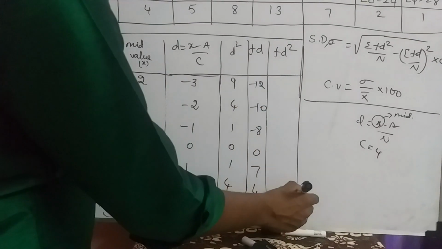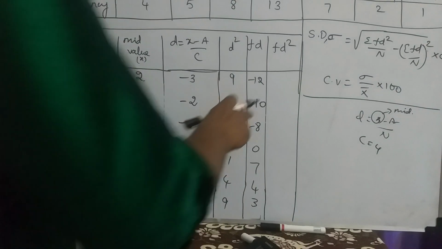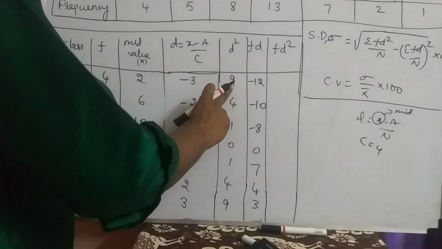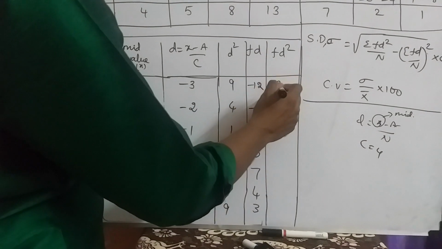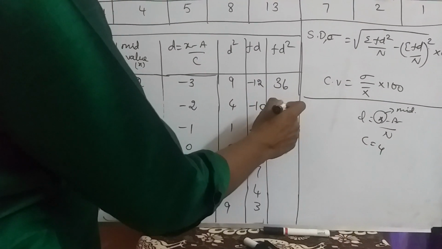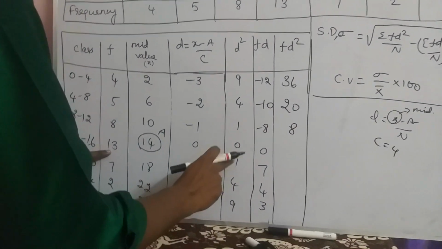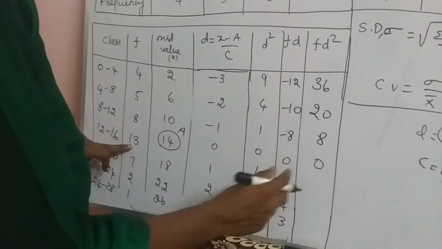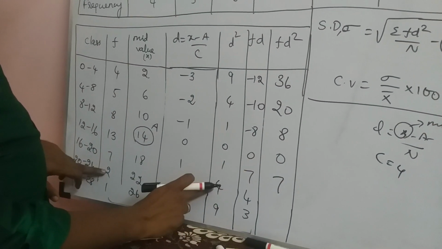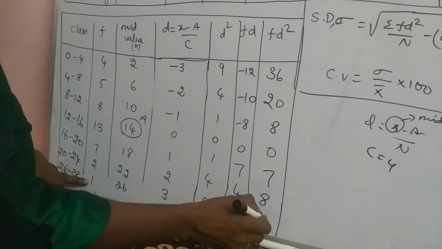Next fd square is f times d square: 9 into 4 is 36, 4 into 5 is 20, 1 into 8 is 8, 13 into 0 is 0, 1 into 7 is 7, 4 into 2 is 8, and 9 into 1 is 9.